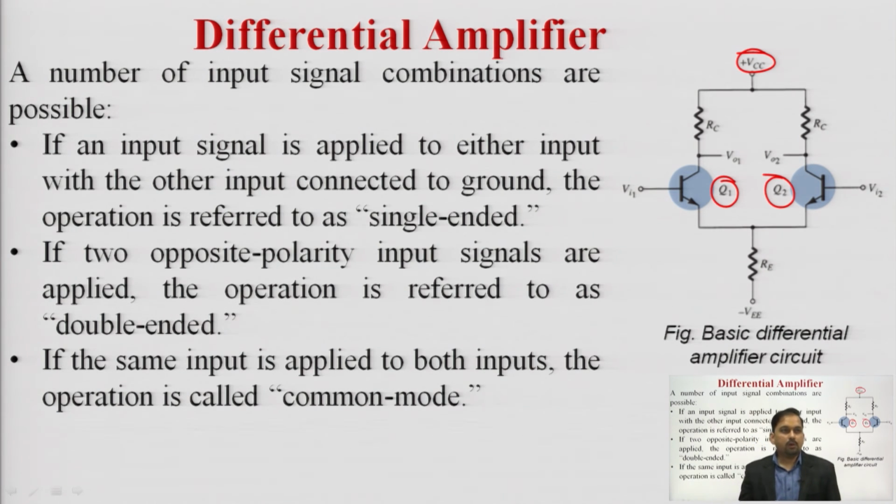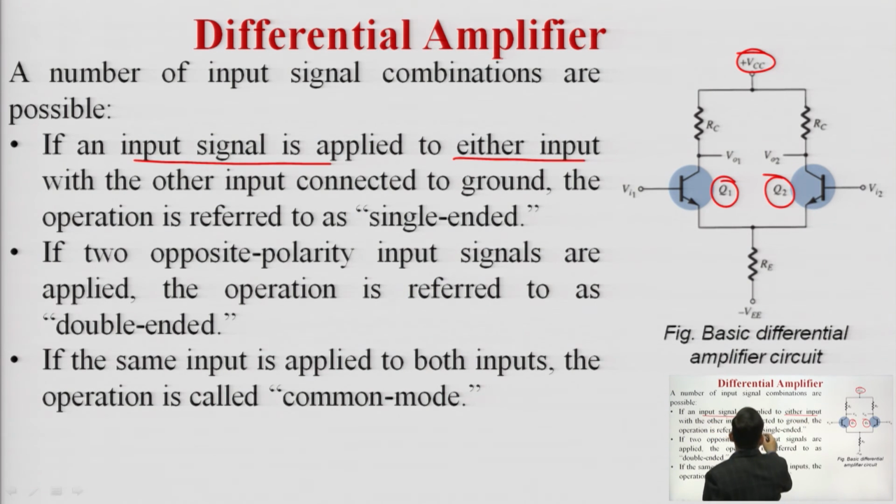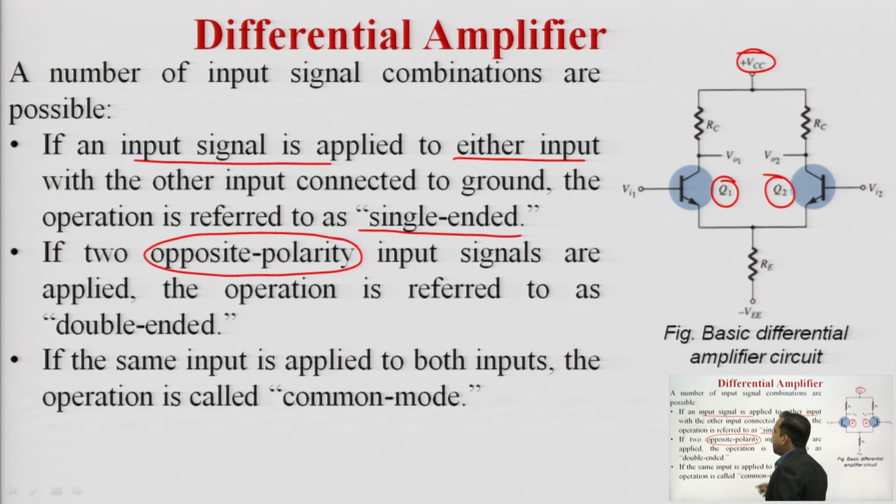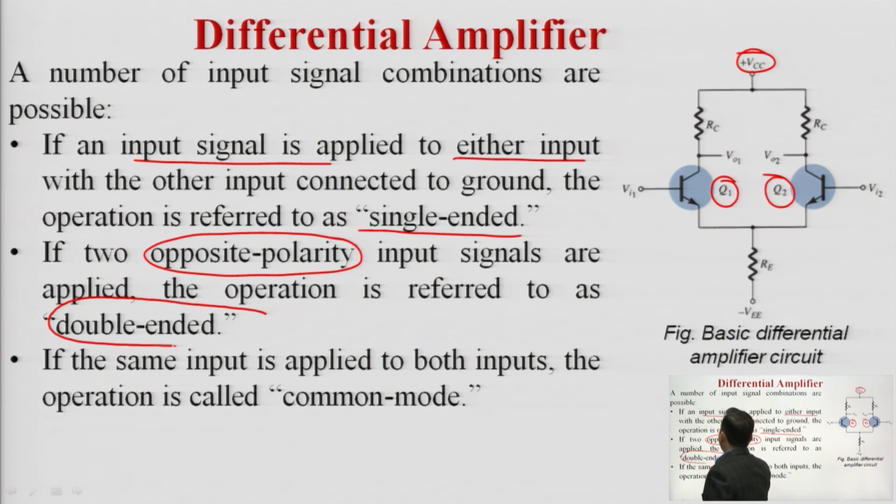If the input signal is applied to either input, as we have already seen, it is known as single ended operation. If both the inputs are used, it is known as the double ended op amp, where we utilize both pins, the inverting input as well as the non-inverting input.